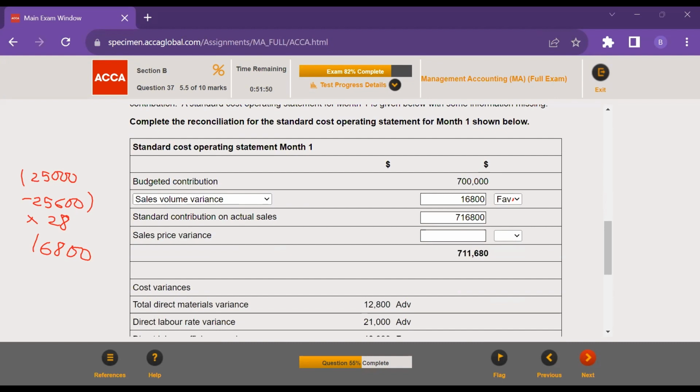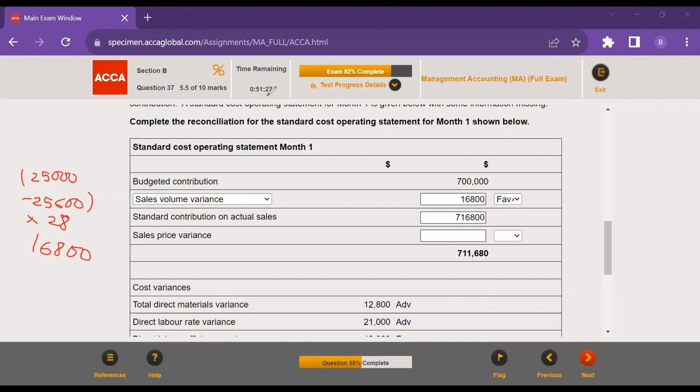Then we have to find out the sales price variance. So sales price variance will be nothing but, basically you will have to see over here how much is your actual sales. You will multiply that by your selling price, and then you will subtract the actual revenue from this. So this will be your working.